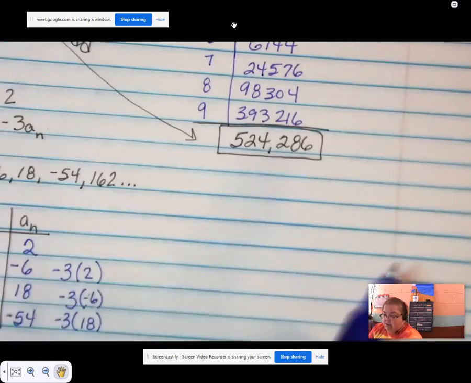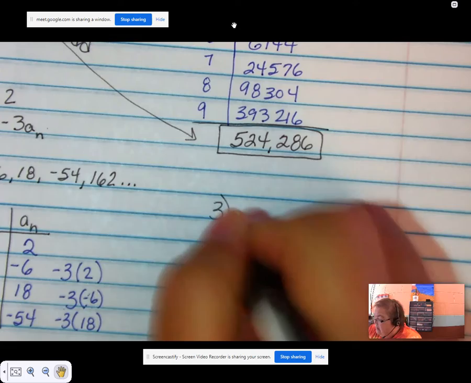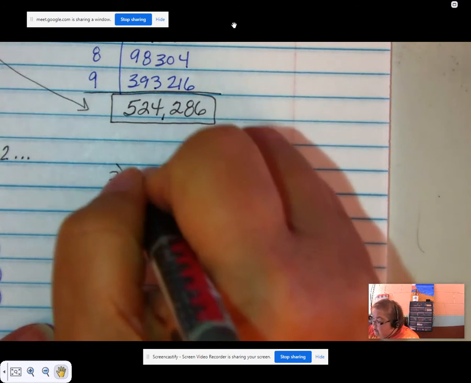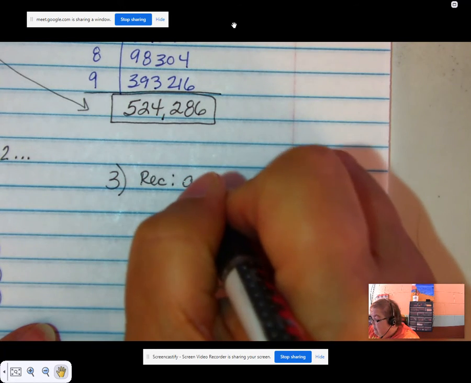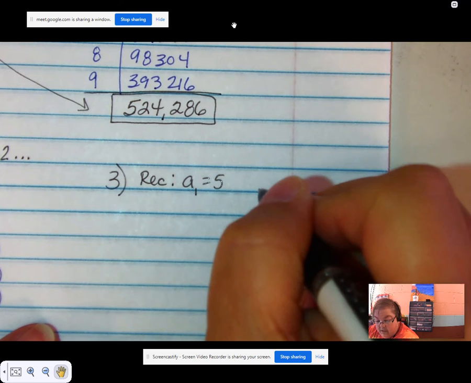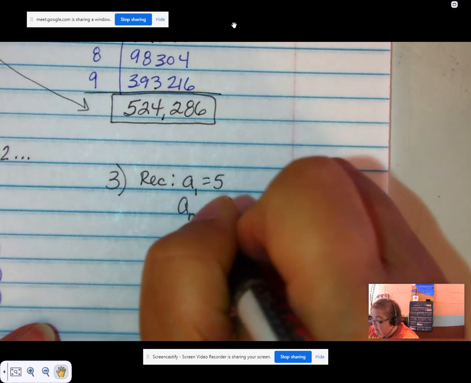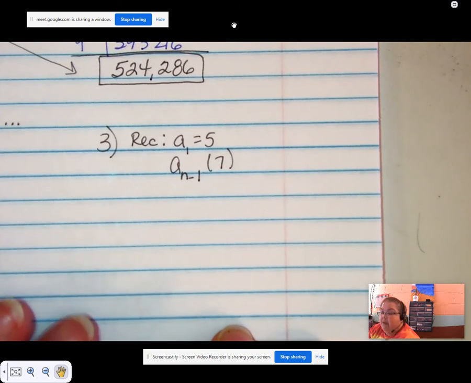All right, now let's look at number 3. Here we go. Problem number 3. A geometric sequence is represented by the recursive formula. So here's the recursive. It says A sub 1 is 5 and A sub n equals A sub n minus 1 times 7. This is my recursive formula.